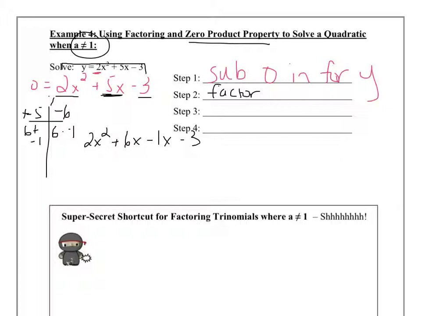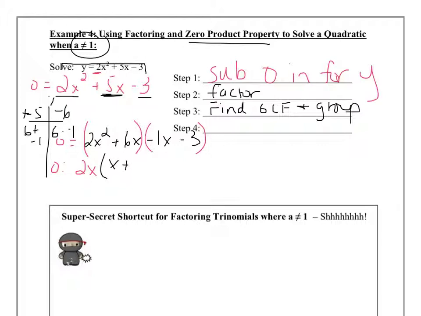Now from the next part, I'm going to find the greatest common factor and group. So I'm going to group the first two and the second two and take out the greatest common factor from each. Remember that these are equal to 0. I can take out 2x from the first, and I'll have left x plus 3.